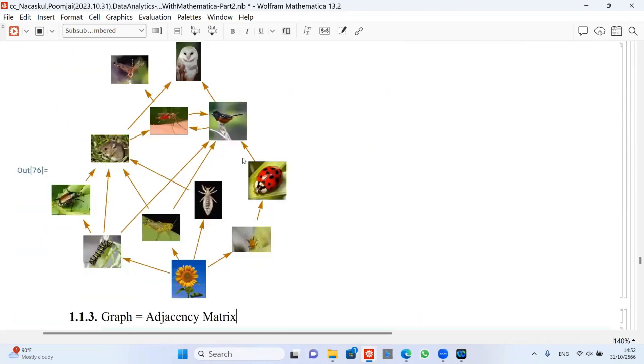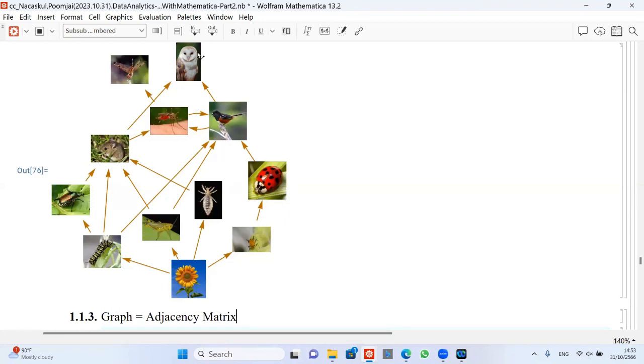What is my V? What is the set, the collection? 1, 2, there are 12, right? Now, in this case, it's a directed graph, and assuming no cannibalism, nothing eats itself, how many connections do I have? Remember, how many V's do I have? 12.